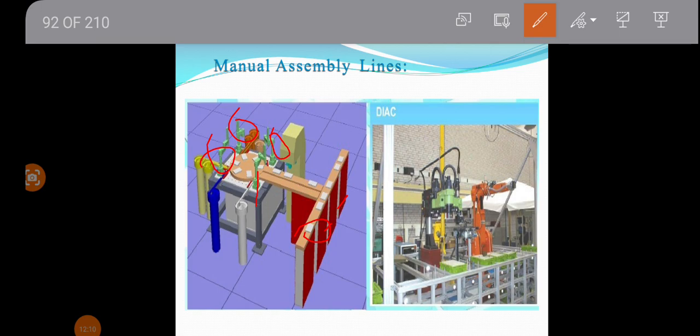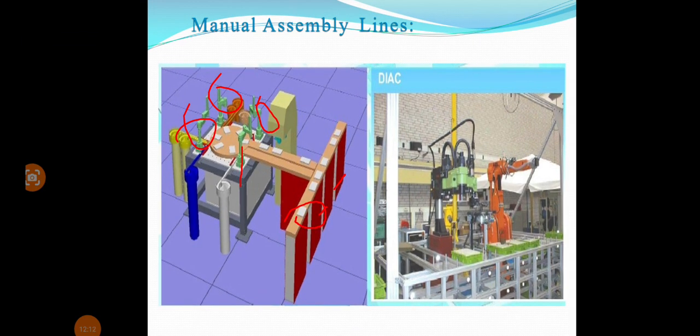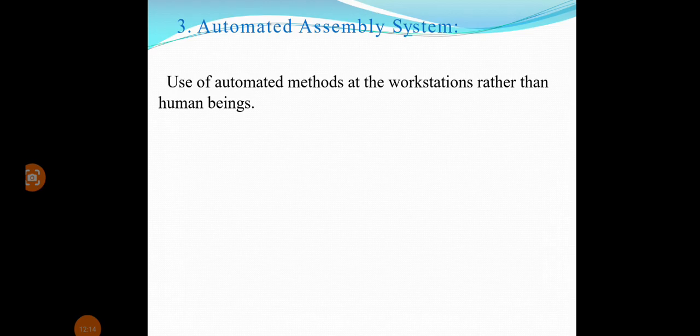Next, the third category is the automated assembly system. You know very well about automated assembly systems. Why are we choosing automation? To minimize the labor cost, to reduce the assembling system time, and to get accurate assembling of the product.